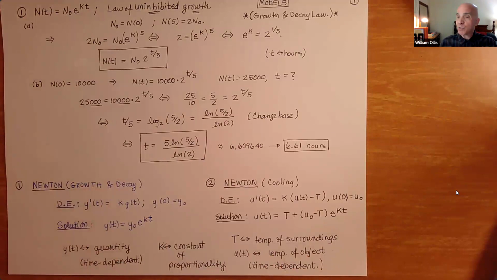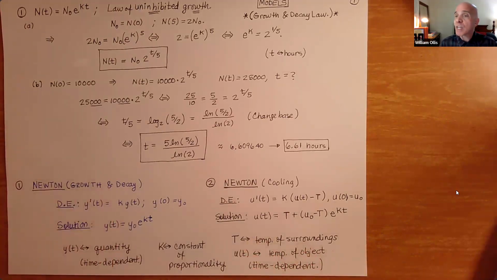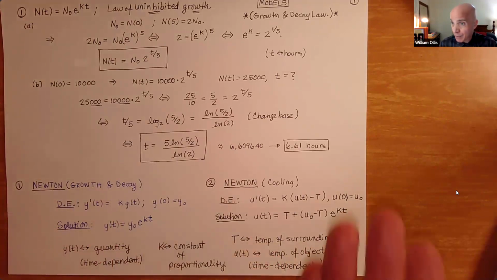You take an object that may be heated or cooled and you place it in the surroundings, and then the law takes over. For instance, in police investigations, forensics, you often want to determine the amount of time that a particular deceased person has been expired. That is, what was the approximate time of death?